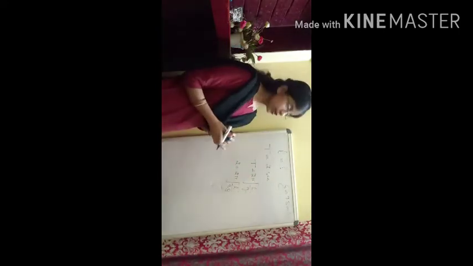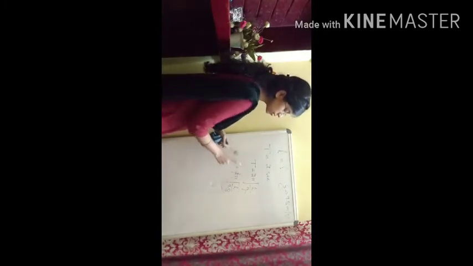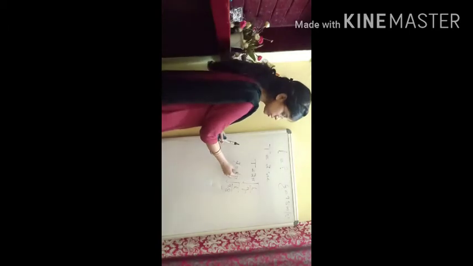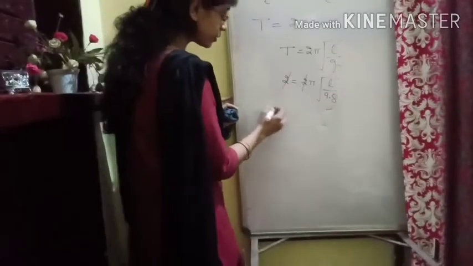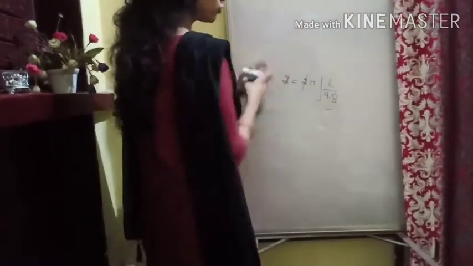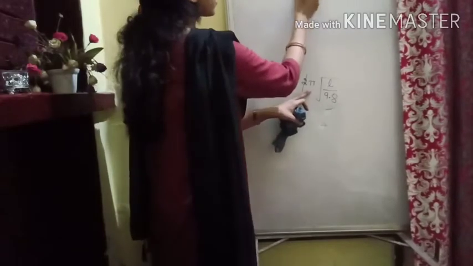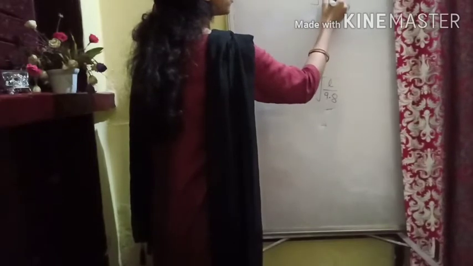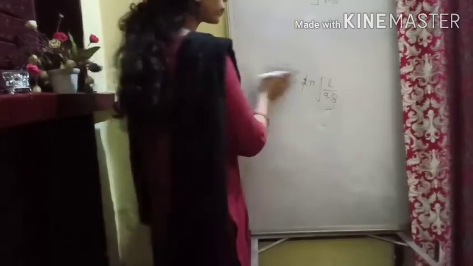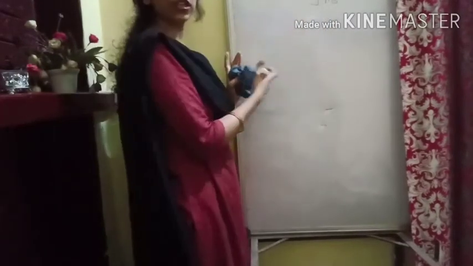Now this 2 and this 2 can be cancelled, as the 2 is in multiplication and will come to the other side in division. So on the left-hand side we have 1, equals pi under root L upon 9.8. Since we have to calculate L, we take the rest to the other side.